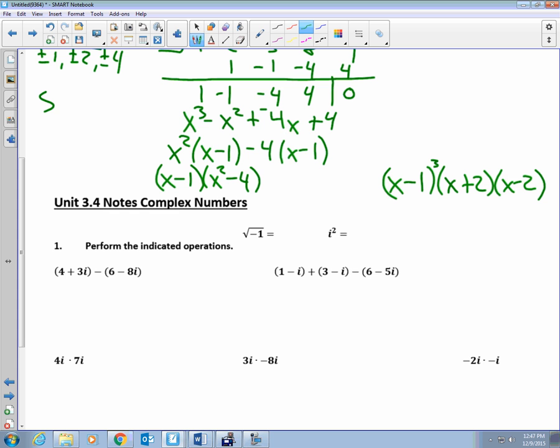So my solutions are, so I'm going to list the 1 3 times, as you said, plus or minus 2. I want you to be sure that when you list it, you list all 3 if there's a triple root.